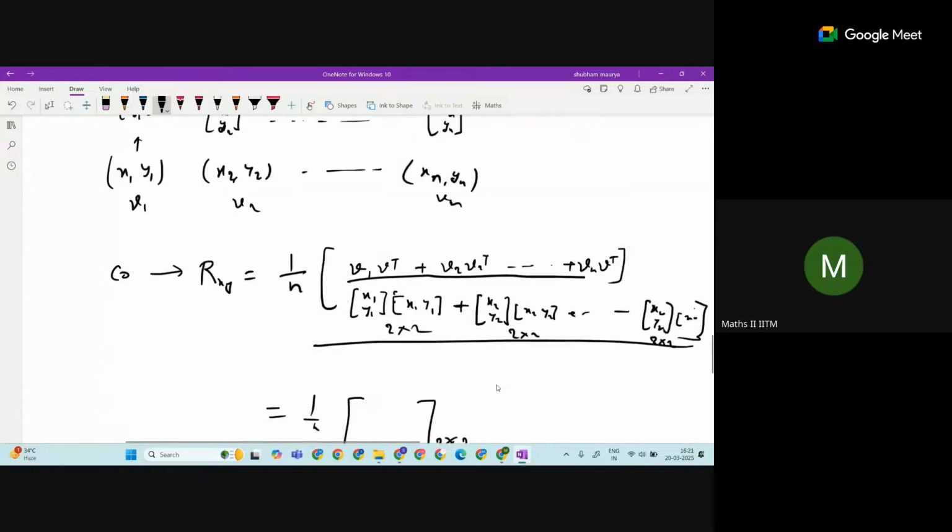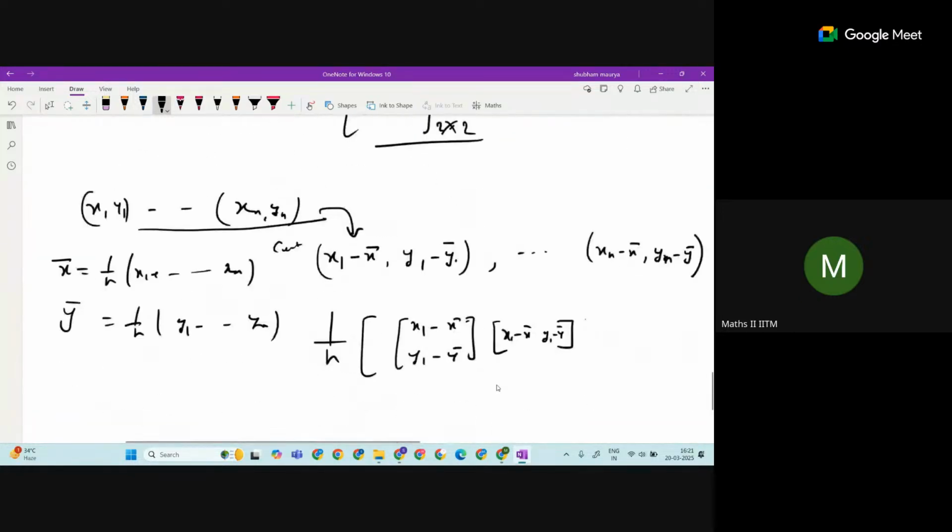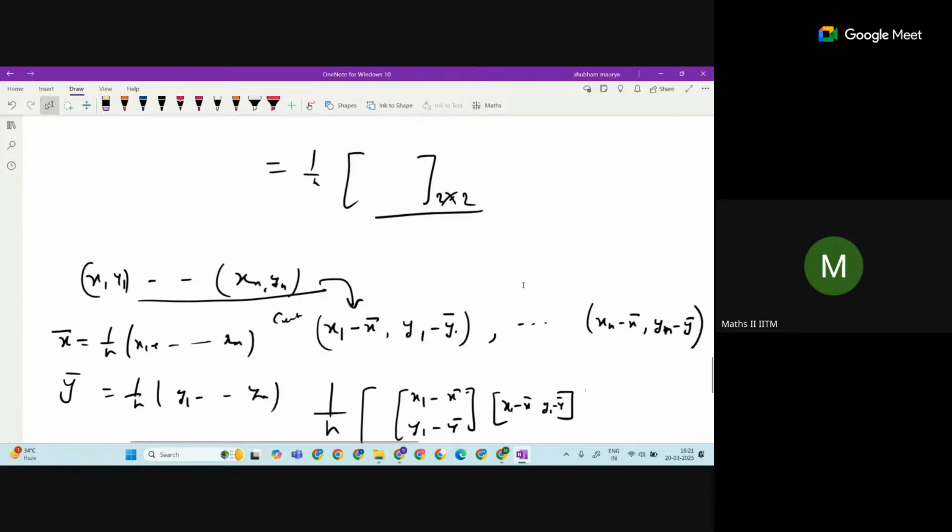It is the same formula, only here the mean is subtracted, meaning centralized. We are writing the same formula on the centralized data. This is called the covariance matrix. So the correlation matrix is on the original data and the covariance matrix is on the centralized data.